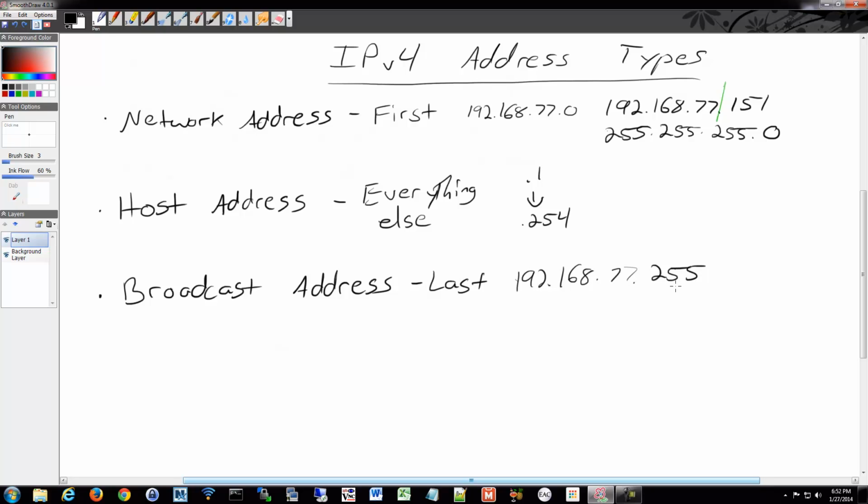And every single other computer on this network, regardless of what IP address is configured on it for its host address, will still listen to and interpret whatever traffic gets sent to 255. So it broadcasts to it. It is a way of sending traffic to everyone on the network.